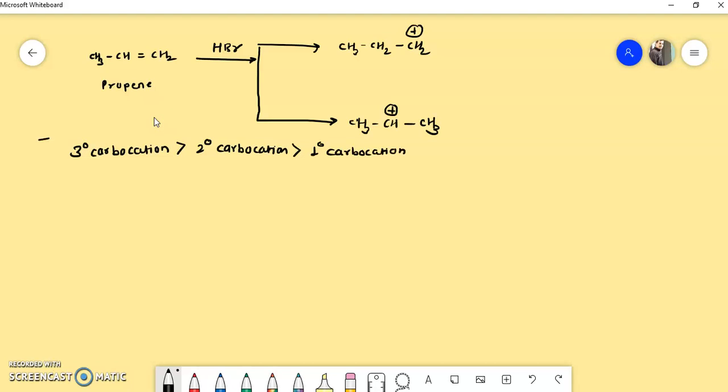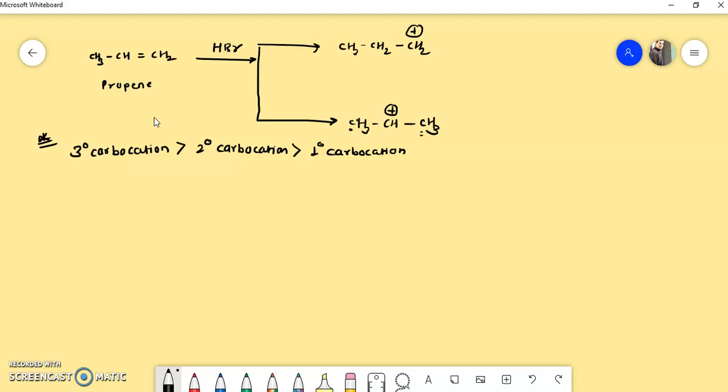We know this is very important. Remember, tertiary carbocation is more stable than secondary carbocation. Secondary carbocation is more stable than primary carbocation. Now why is this so? You see here, this carbon carries positive charge and it has only this CH2 group to donate electrons. But here, this carbon is carrying positive charge, and this methyl group and this methyl group both are electron donating.